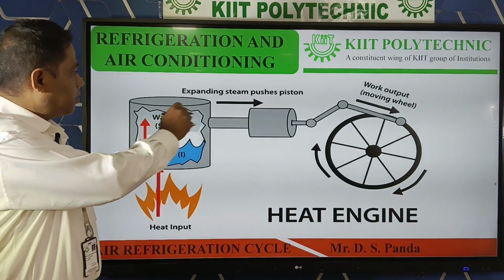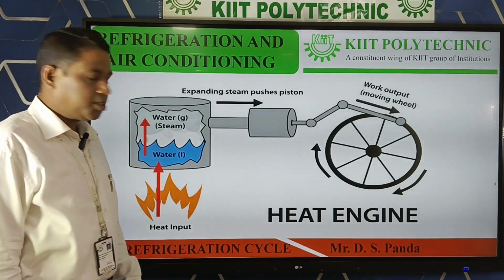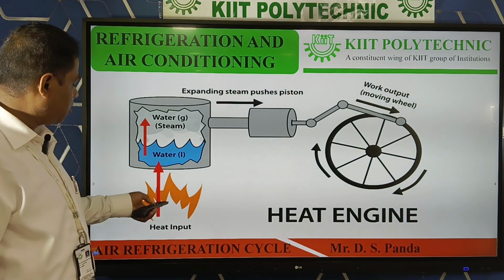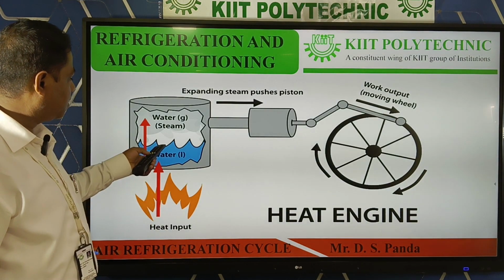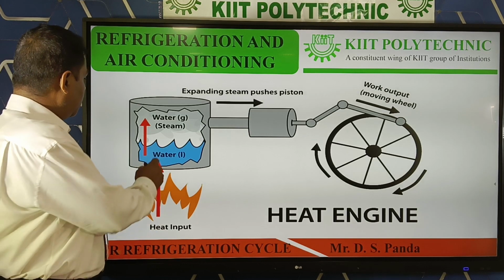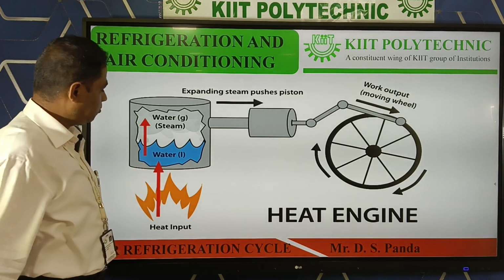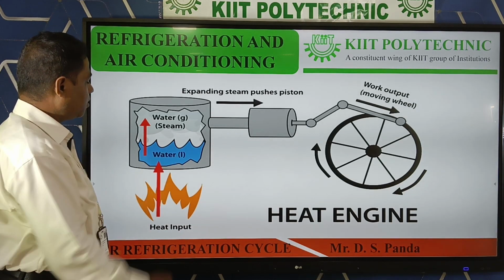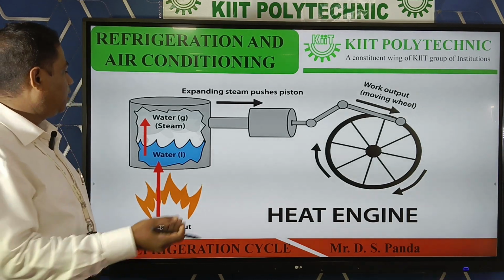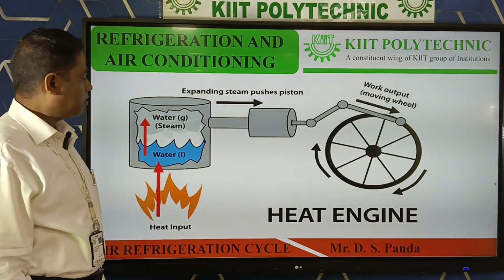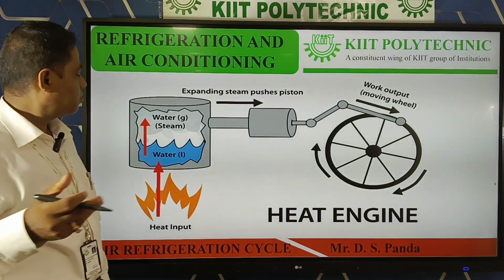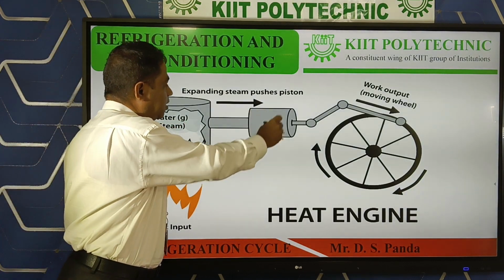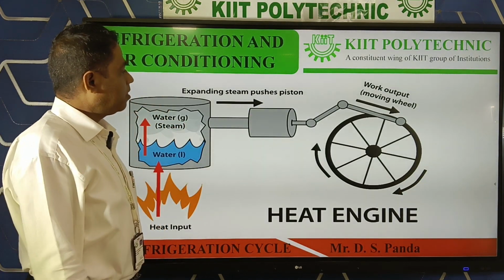This is the figure of a steam engine. Here, a tremendous amount of heat is supplied to generate steam, and the container holds water. Due to the supply of heat, the water is converted into steam, and the steam increases the pressure, and high pressure steam is allowed to enter the piston and cylinder.